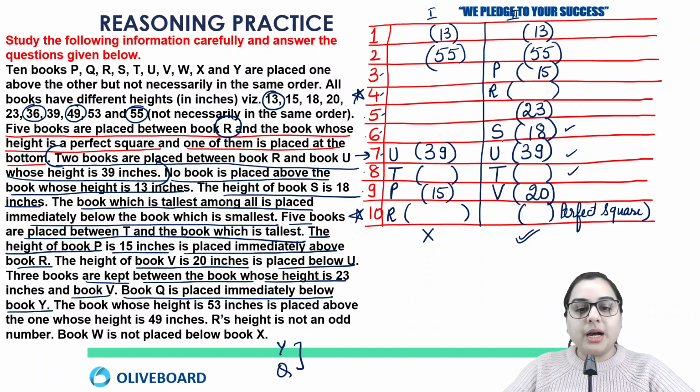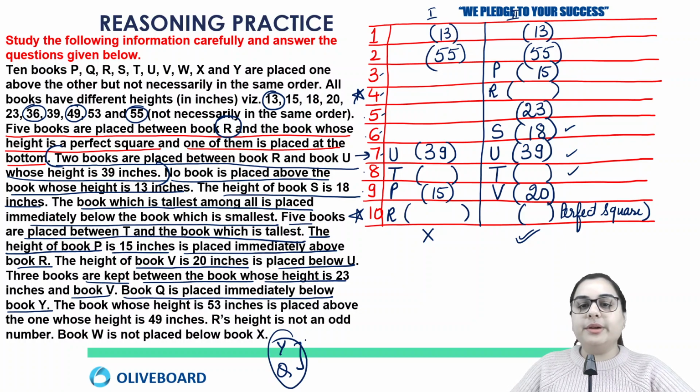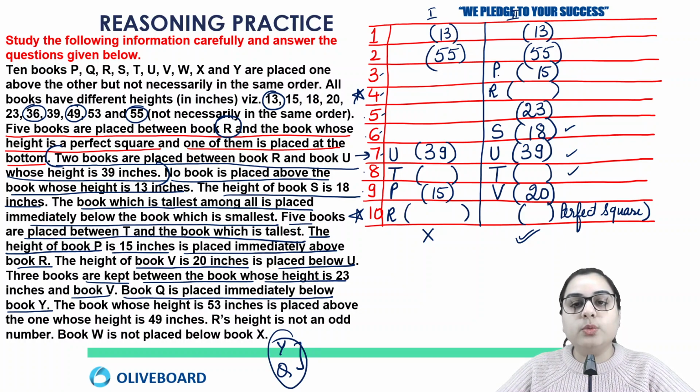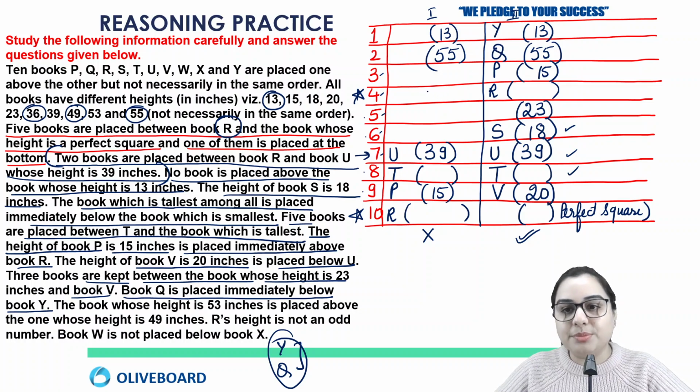Now we can fill this combination of Y and Q. Which are the vacant positions? It is 1st, 2nd, 5th and 10th. So we need 2 immediate positions vacant, and that is happening on 1st and 2nd position. So this Y and Q will be filled on 1st and 2nd position.